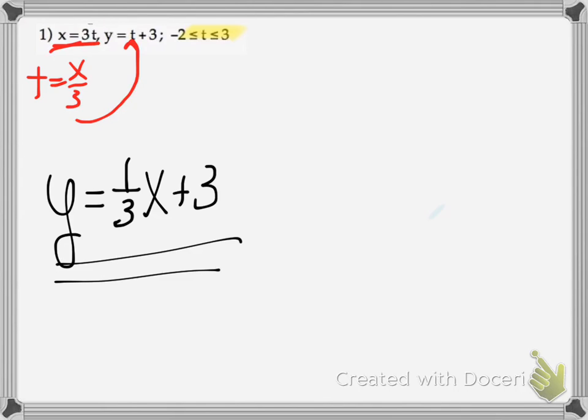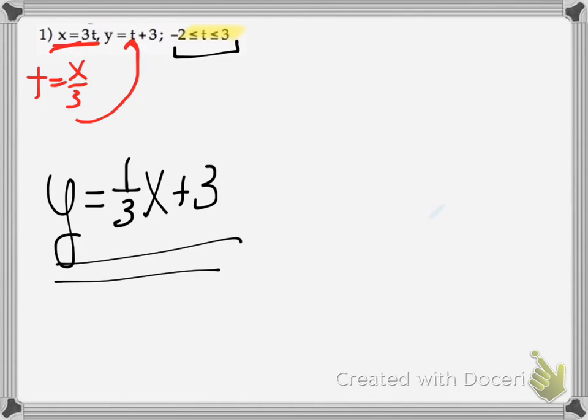Now, we have to take care of this right here, okay? The only reason we have to take care of it is because we have restrictions on the parameter t, which means we also have restrictions on x.